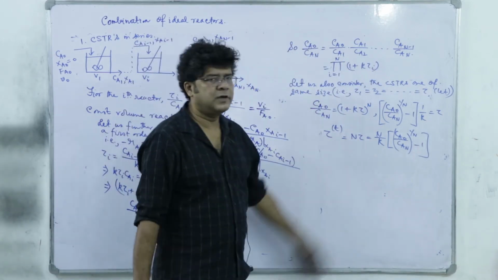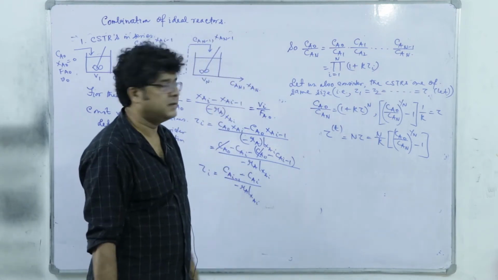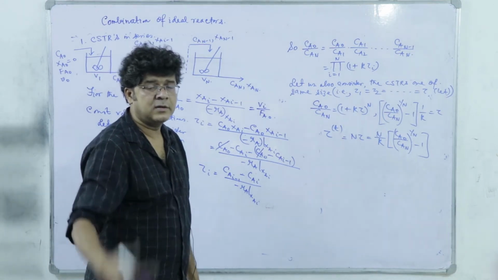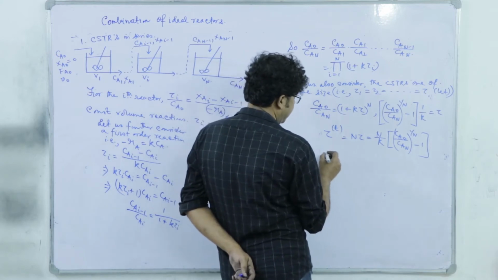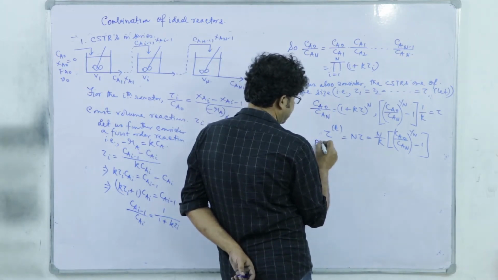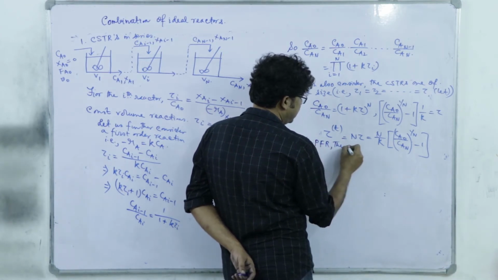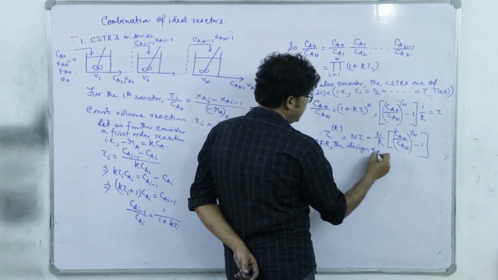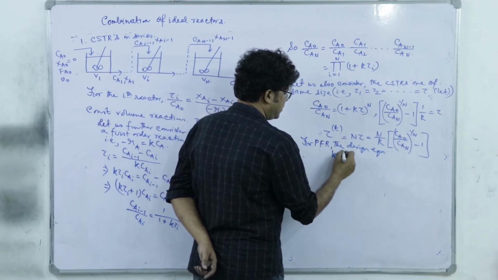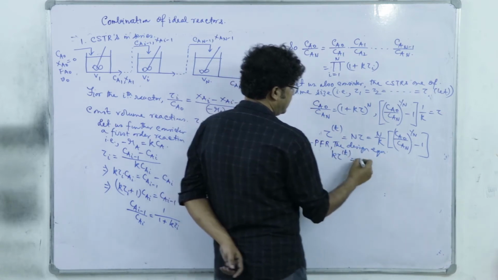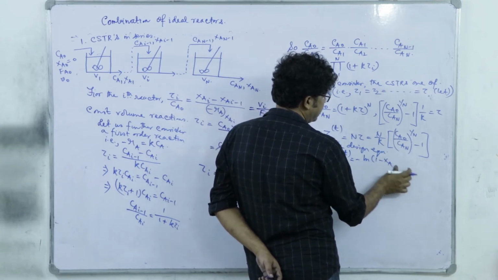Now you see, we will show you that if I combine an infinite number of CSTRs in series, it is going to give you the PFR, right? So for PFR, the design equation is basically k into tau total is equal to minus ln of (1 minus Xan), or Xa, right?